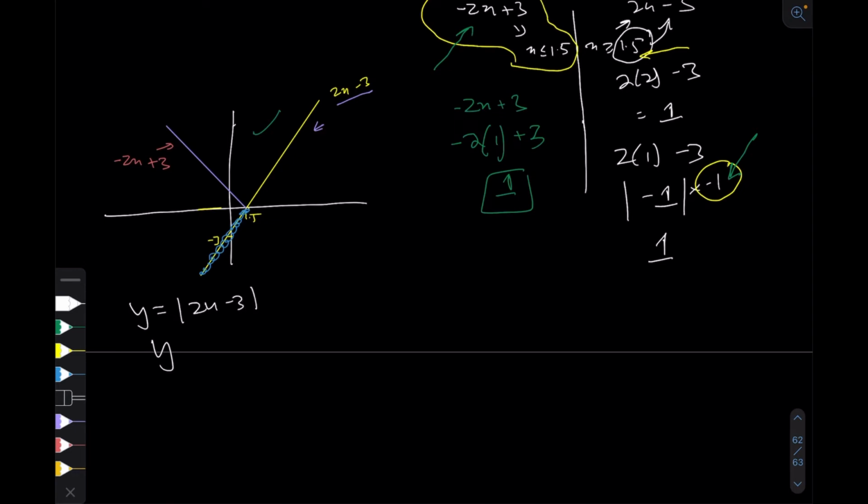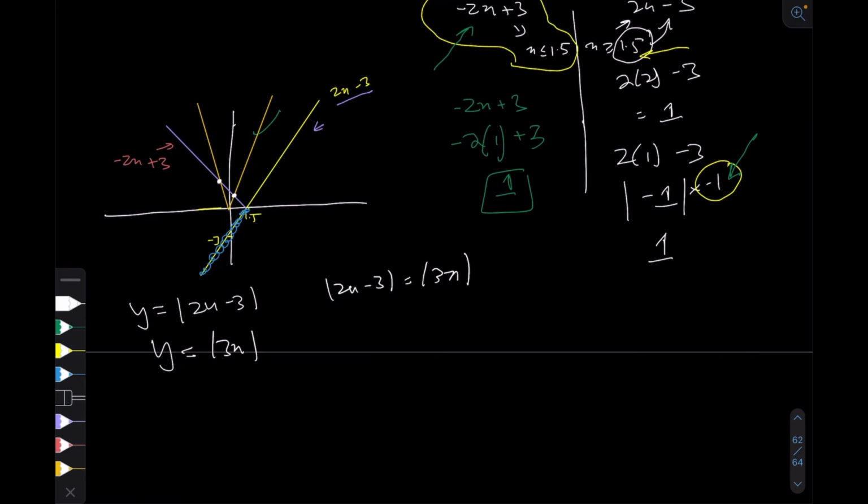They will give you another graph, for example y is mod of 3x, and y equals mod of 3x will look something like this. And what they ask you is basically when is |2x minus 3| equal to |3x|. All they're asking is what is their intersection, so what are these two values?